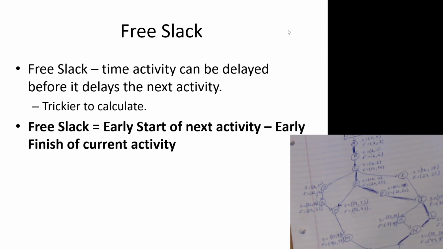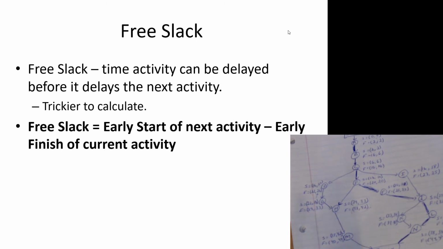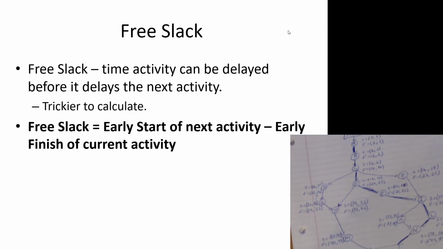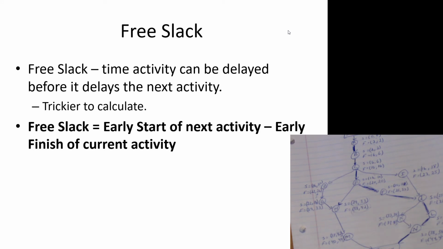Okay, so let's look at some obviously non-critical path activities. We'll start from the end. Let's look at M, and so we look at our formula. We want to be very careful with the formula because we keep it very procedural.